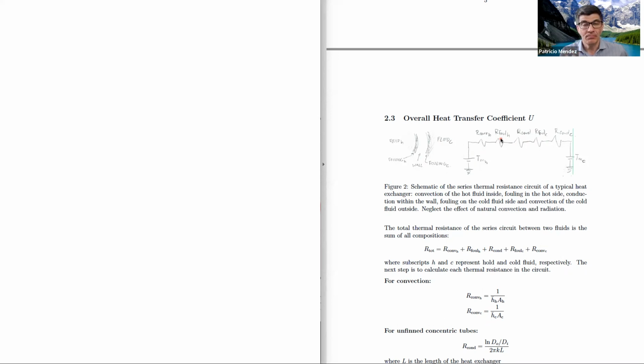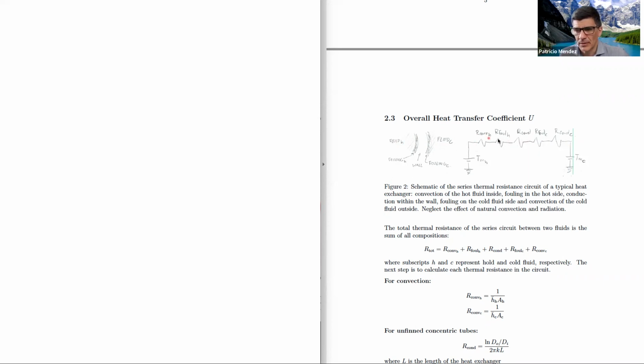In this case, because the heat would go from one liquid through some fouling, then through the wall, then through the other fouling to the other liquid, we have a series circuit. Then between this fouling and the fluid, we're going to have a thermal resistance of convection.